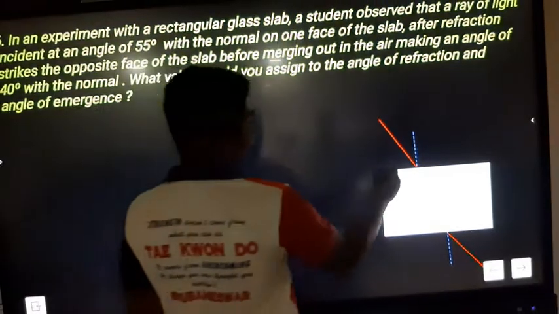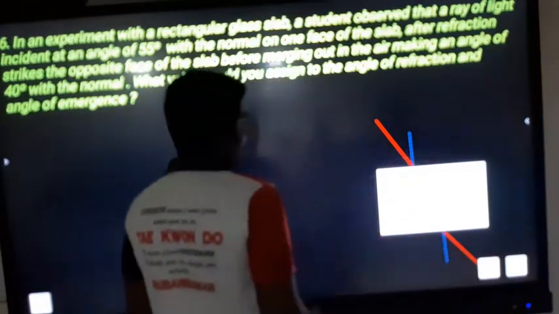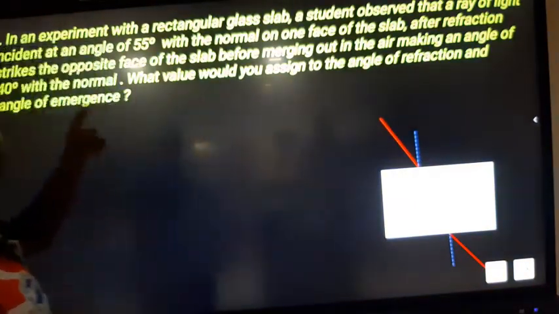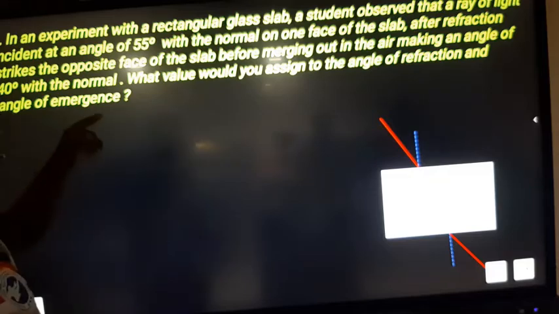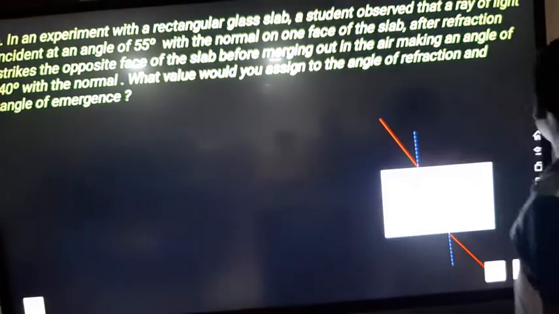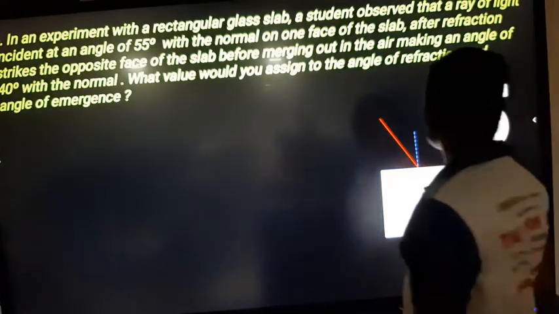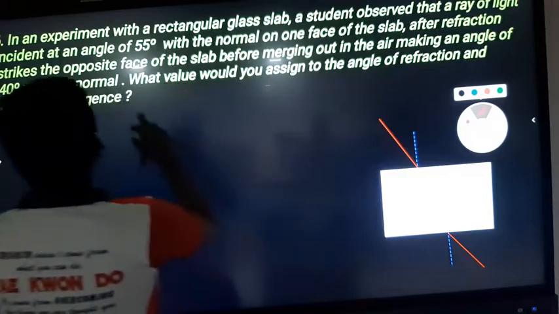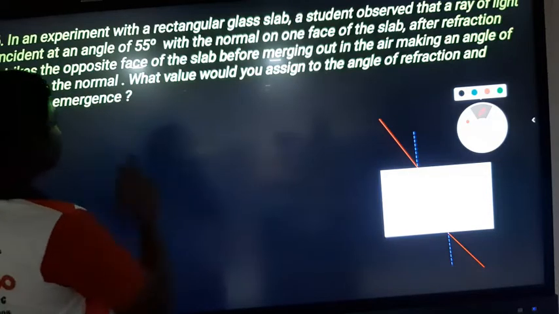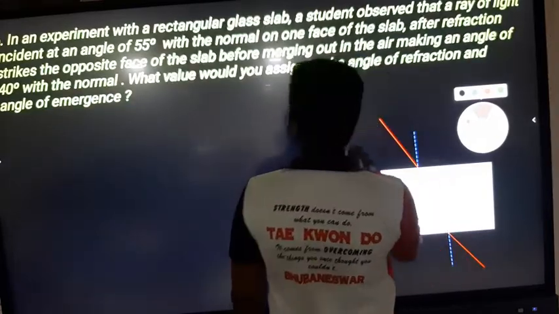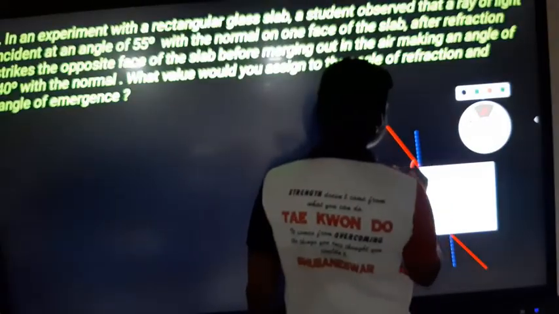So this is the angle of emergence, and you are given an experiment of a rectangular glass slab. A ray of light is incident at an angle of 55 degrees. So this one is the 55 degree angle with the normal.